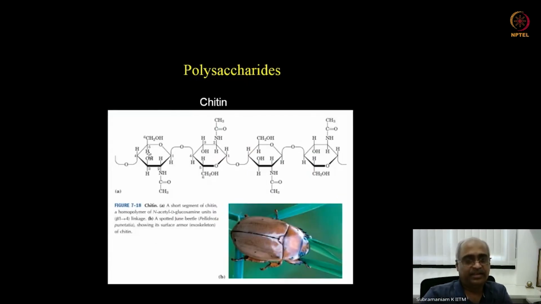So chitin is beta 1,4. The hydroxyl group is above, so therefore you show it like this, instead of showing it down. And this one has an N-acetyl group, so it is N-acetyl glucosamine.